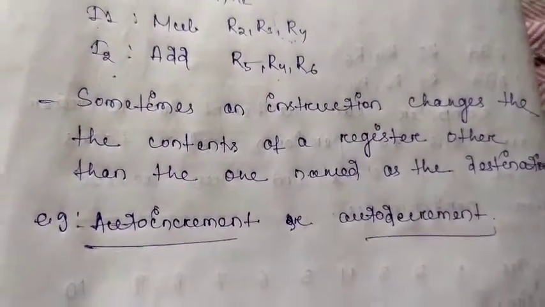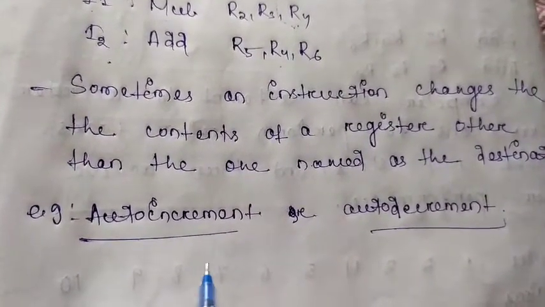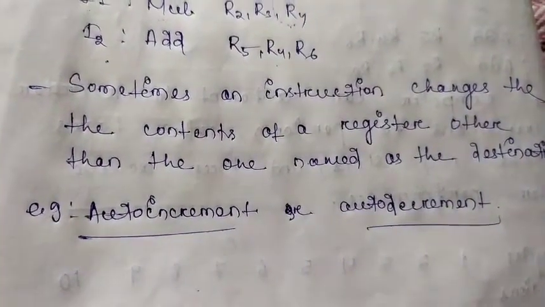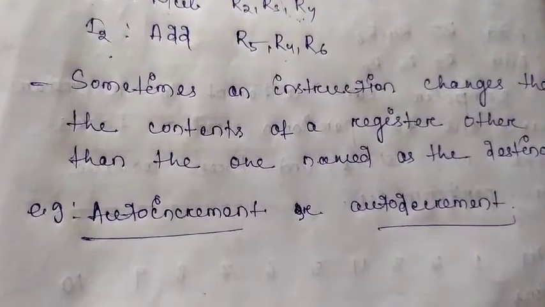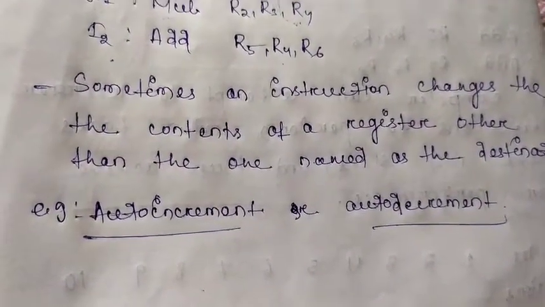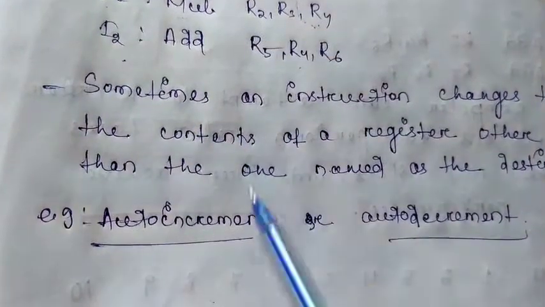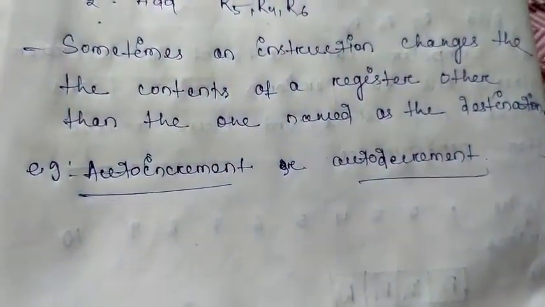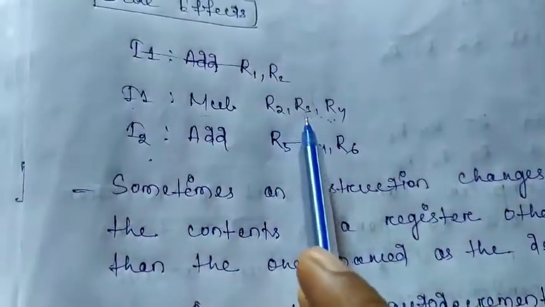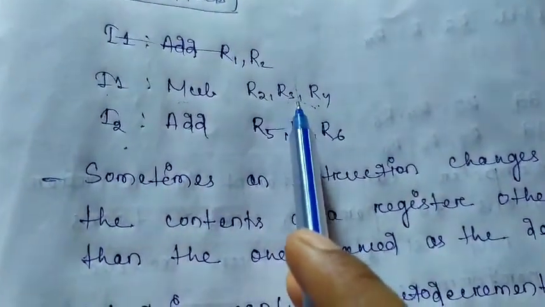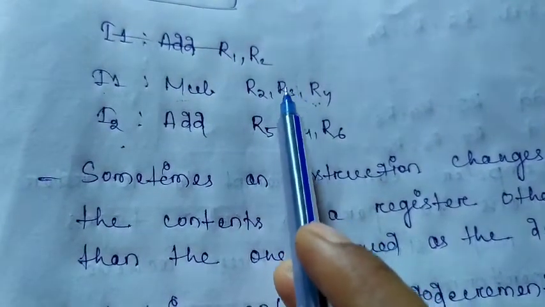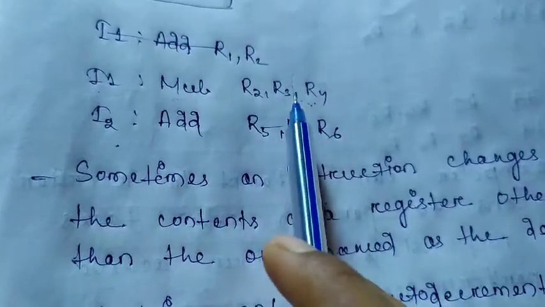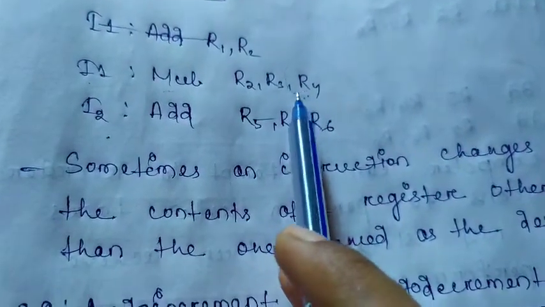so by this, besides storing new data in its destination location, the instruction changes the content of a source register that is used to access one of its operands. For example, if we auto increment this R3, then it will be added with R2, and then the result will be stored in R4.